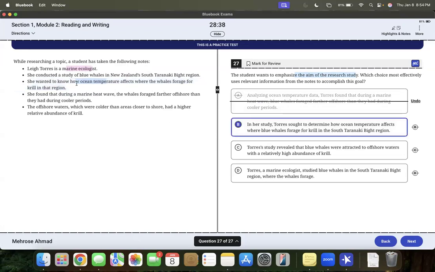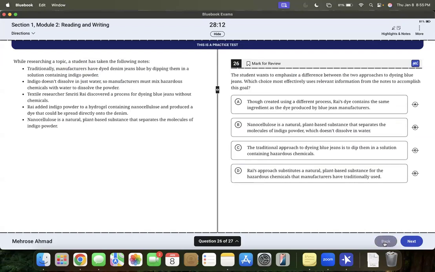It's summarizing what she wanted to know, who her target population was and where they were located. Target population, blue whales, location, New Zealand. C, the study revealed that blue whales were attracted to offshore waters. Well, this is not revealing an aim, it's revealing a result. D, Torres studied blue whales in the region. This is too general, not talking about the aim. So this is the best answer.